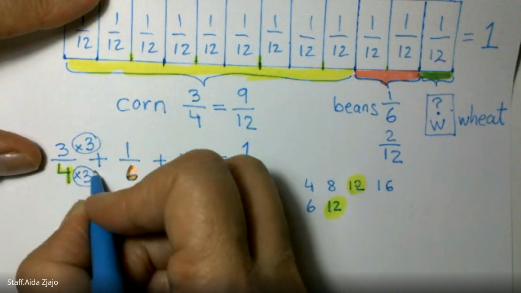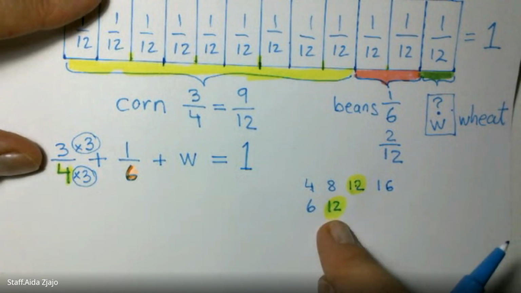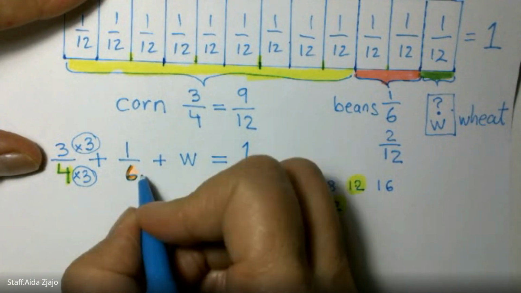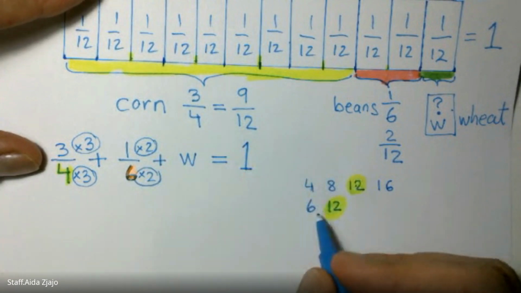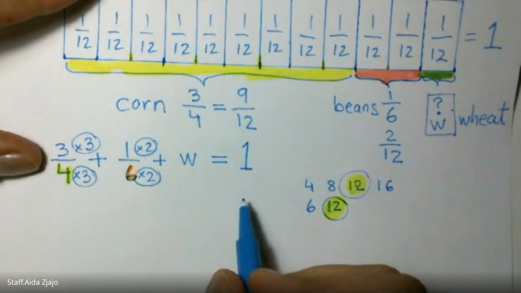If I multiply both denominator and numerator by 3, I will make twelfths. And then if I multiply 6 by 2, then I will make 12 to be the denominator.